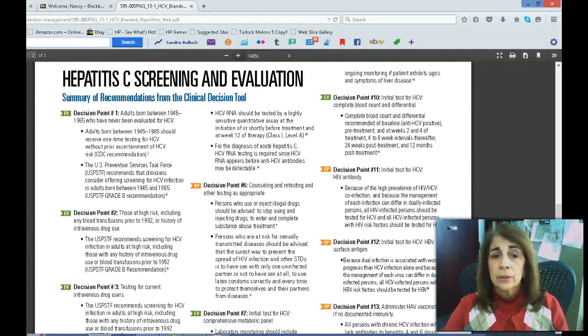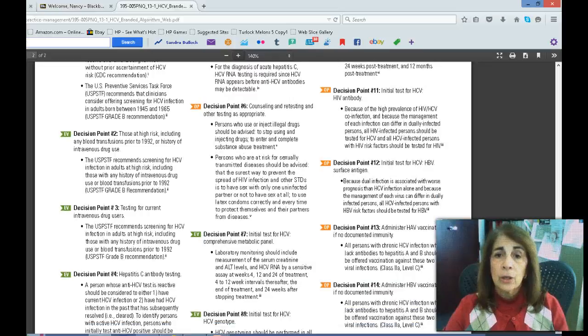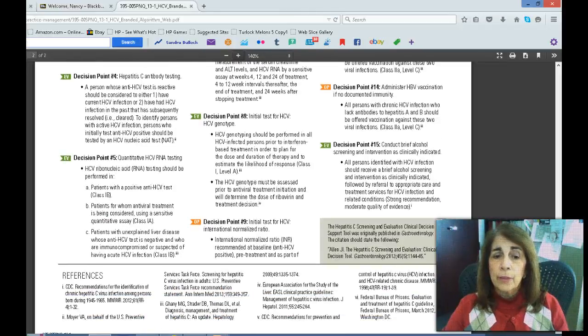This goes on also to give you a summary of the recommendations as to why you do the things that are proposed in the screening and evaluation tool. And as you can see, the explanations start with the level of evidence, and each one is discussed separately to help you do the best you can for your patients and for your practice.